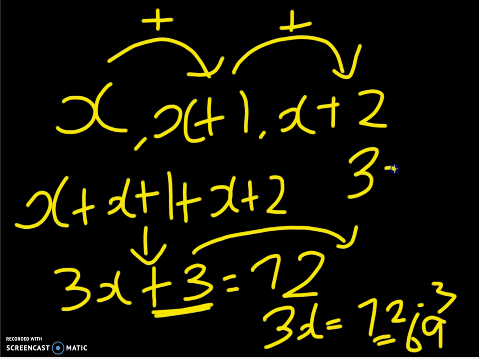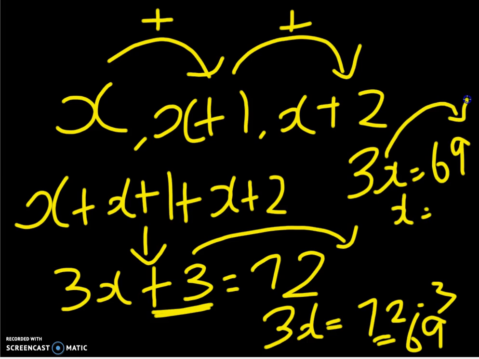So 3x equals 69. We bring this 3 to the other side, which makes it a divide. 69 over 3 gives us 23. The value of x is 23.